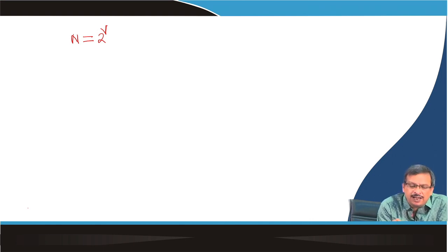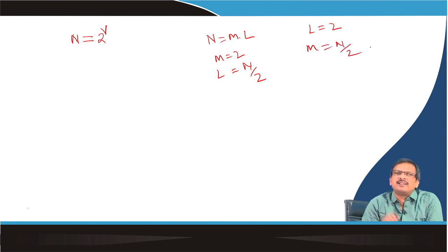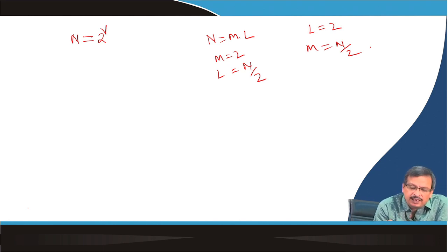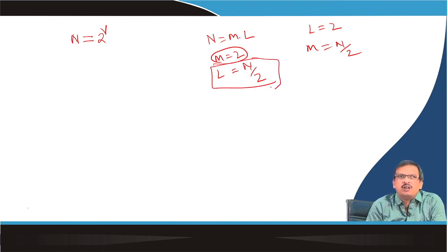If I apply the divide and conquer method where n is equal to m into L, let us say m is equal to 2, then L is equal to n by 2. Or if L is equal to 2, then m is equal to n by 2. So, if m is equal to 2, the entire length of the signal is divided into two sections, or L is equal to 2 and m is equal to n by 2.